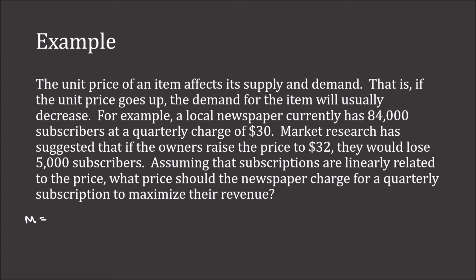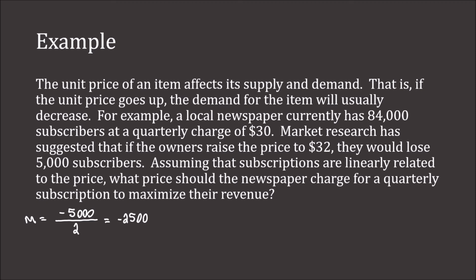The difference in subscribers, they said, would be a loss of 5,000, so that would be negative 5,000 over the change in price. That was an increase from 30 to 32, so that's an increase of 2. So the slope is negative 2,500.